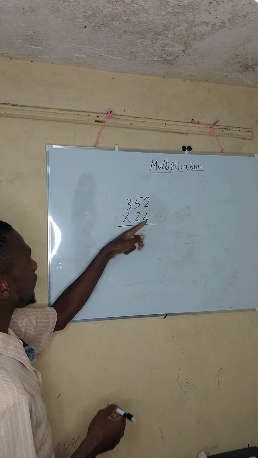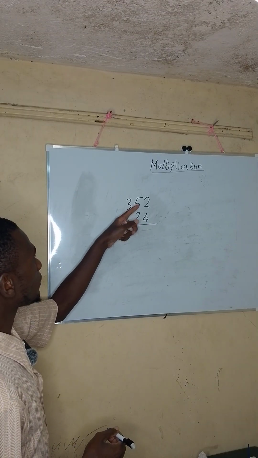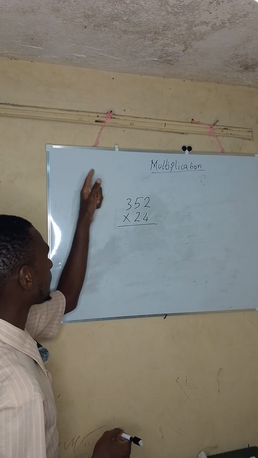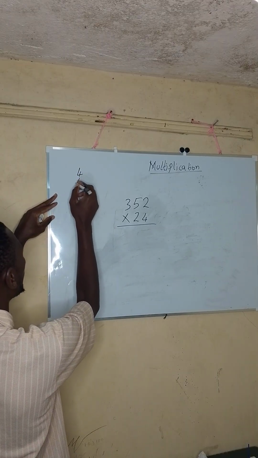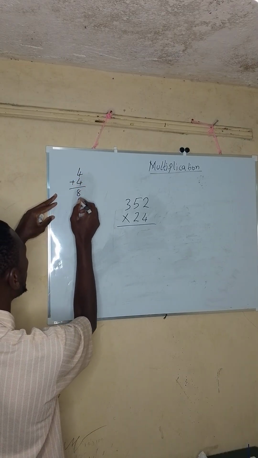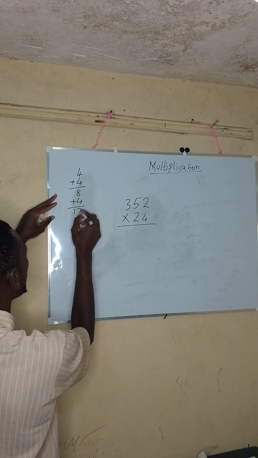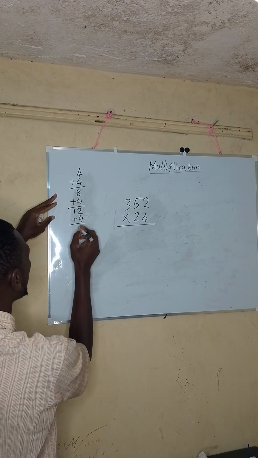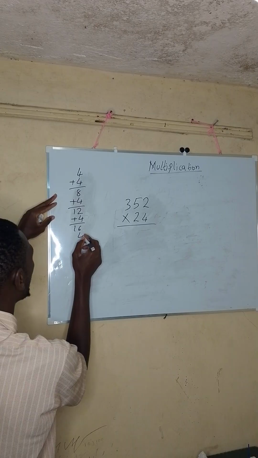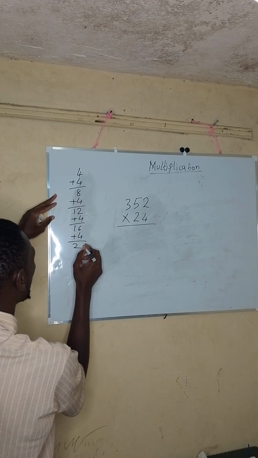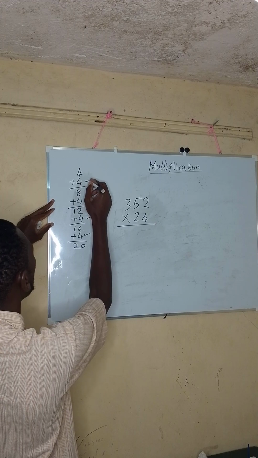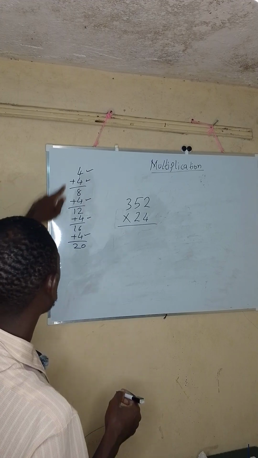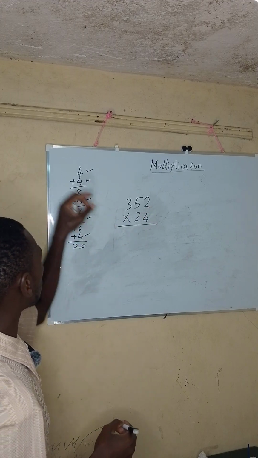Once we have the 5 4s, then these other ones will just come in between there. So we'll have 4 and 4, that is 8, 4, that is 12, 4, that is 16, 4, that is 20. So we have a total of 1, 2, 3, 4, 5.